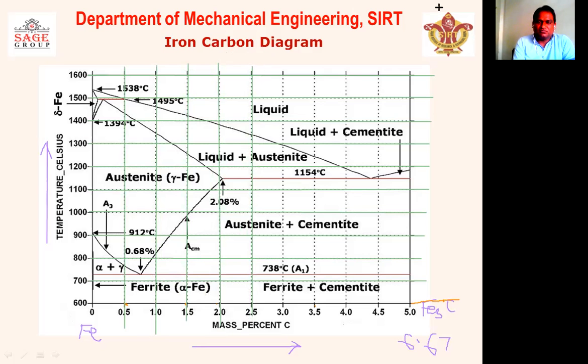So we have drawn the number of reference lines, and these lines will help us to mark some important points for the iron carbon diagram. So after this work, now we have to mark the melting points and the eutectic points for the respective reactions.